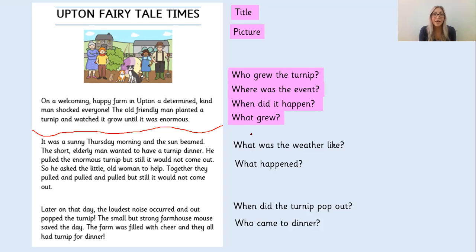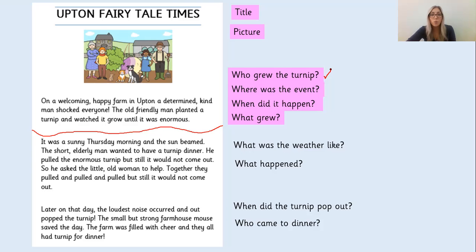On a welcoming, happy farm in Upton, a determined, kind man shocked everyone. The old, friendly man planted a turnip and watched it grow until it was enormous. So have I answered who grew the turnip? I've said the old, friendly man. So yeah, I've answered that one.